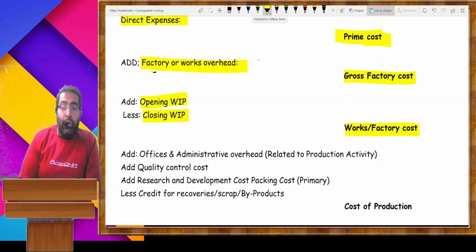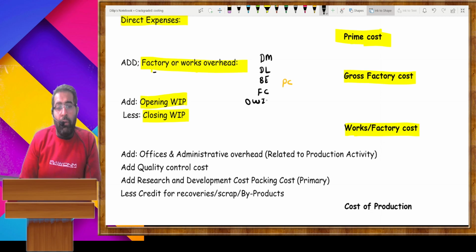Okay. Now, I'm also writing here first direct material, direct labor, direct expenses. The total is regarded as prime cost. Then here we add all the types of factory cost, opening work in progress, less closing work in progress. Then we arrive at the factory cost.